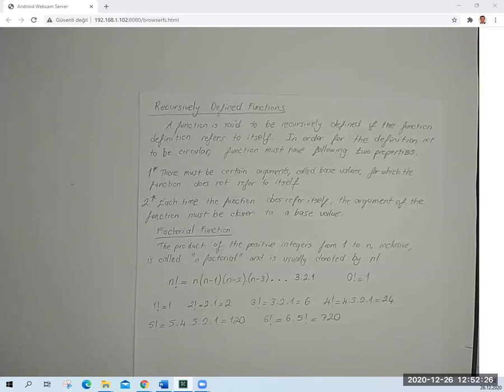Then I hope I'm going to finish that chapter, and if I finish that one, this is going to be a really good gain for us. Actually, I want to get to graph theory. Graph theory is really important for our department.